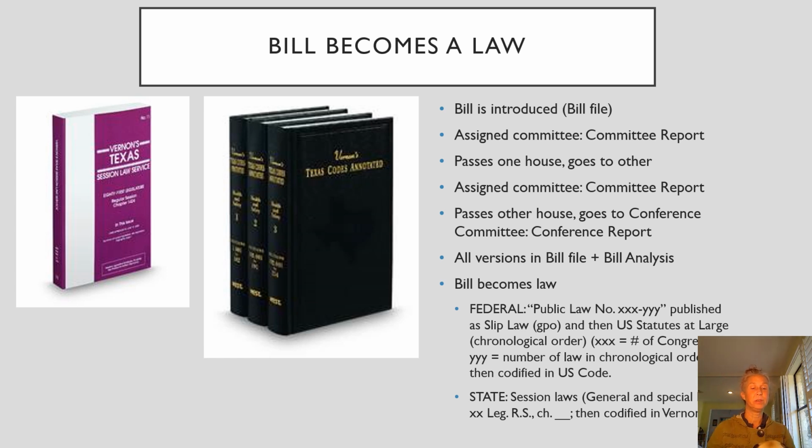So a bill is introduced and a bill file is created, and that's usually introduced by a congressman and a senator. And there's usually two, the same identical bill will be introduced simultaneously. This is usually how it's done in the House and in the Senate.